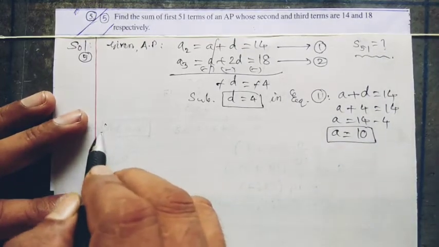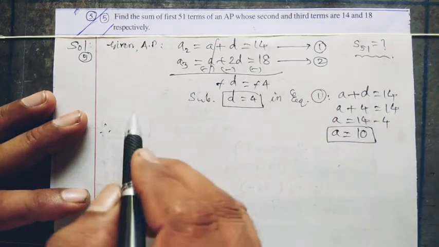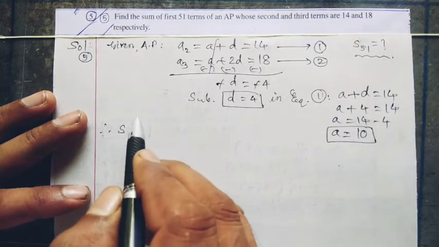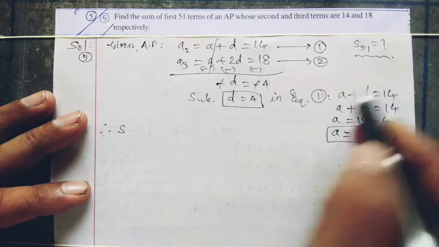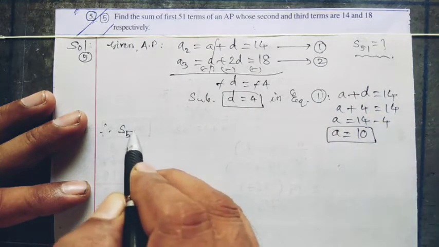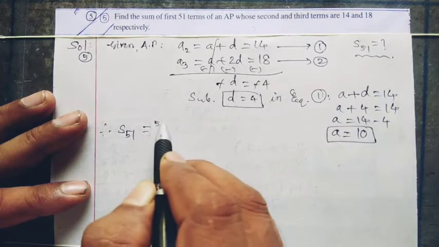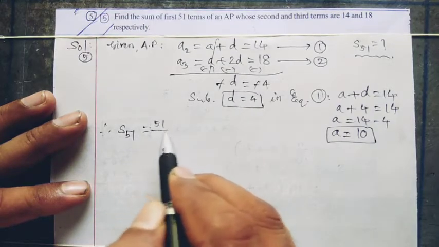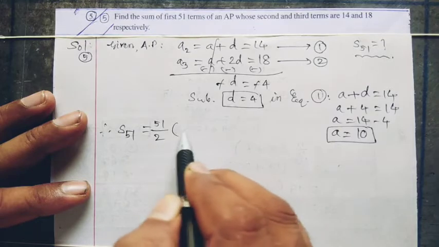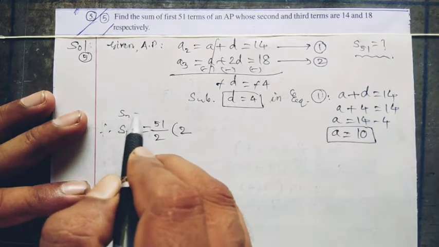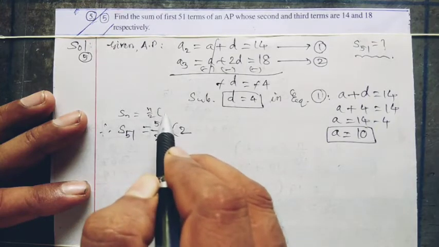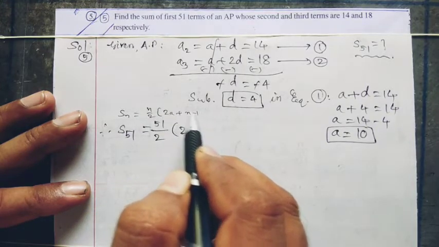Basing this, we can find sum to 51 terms, sum of first 51 terms. Sum of 51 terms is equal to 51 by 2 into, formula: Sn is equal to n by 2 into 2a plus n minus 1 into d.